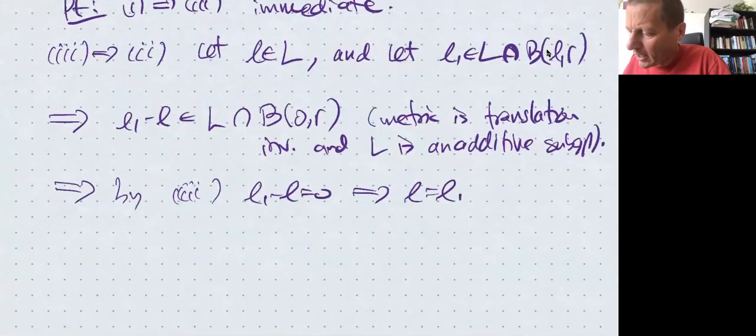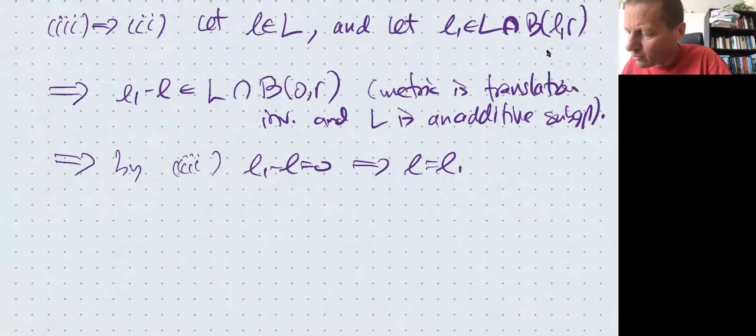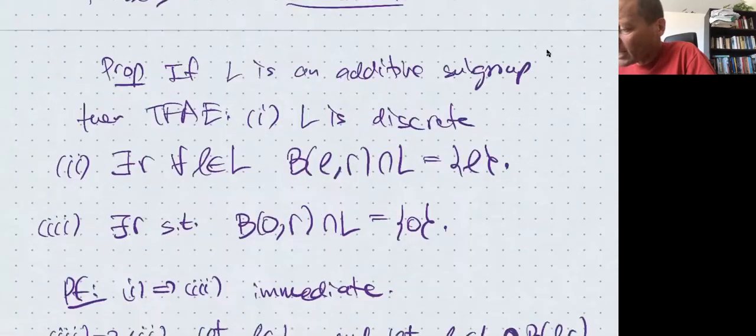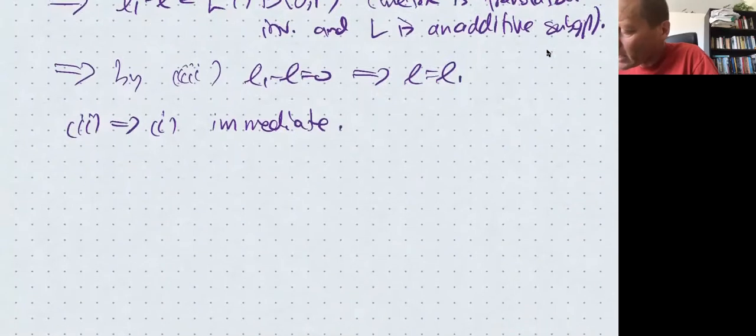And then lastly, 2 implies 1 is immediate. Okay, so this proves this proposition about discrete sets, discrete groups. And using this, we can state the following proposition.